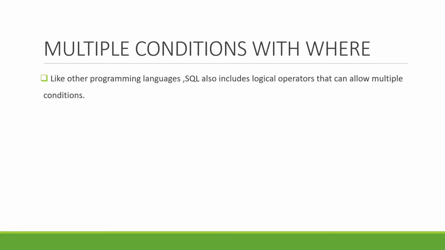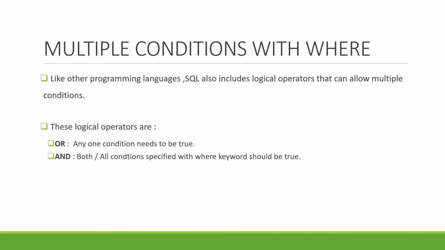Now, how can we achieve multiple conditions within our where clause? In all the major programming languages we have logical operators, and in SQL we also have these logical operators, which are the same as in other languages: or, and. We know that whenever we specify the or keyword, there are 2 conditions, and if any one is true, then we can print the output.